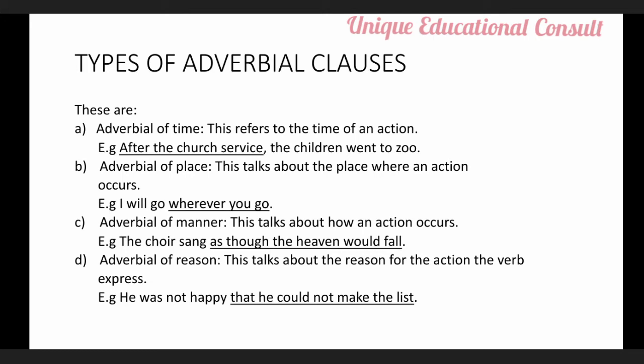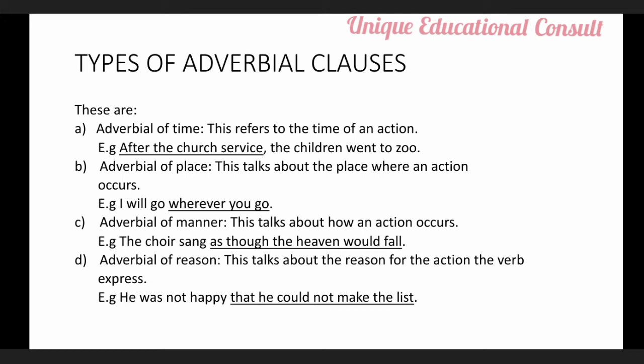Now to the next one, adverbial clause of manner. This is talking about how an action occurs, in what manner. We have the sentence example thus: "The choir sang as though the heaven would fall."